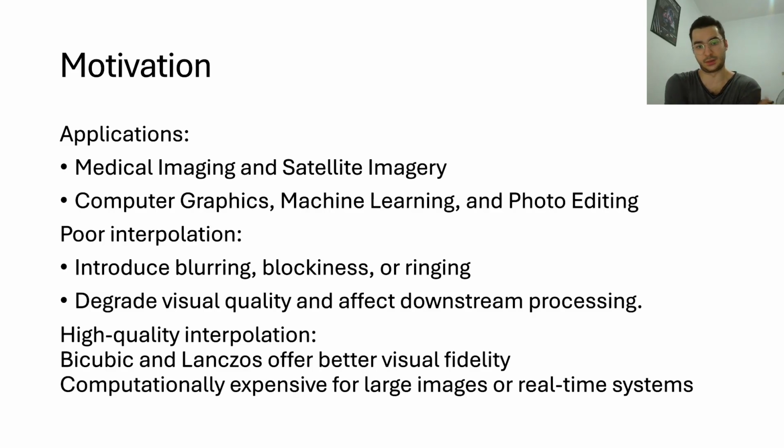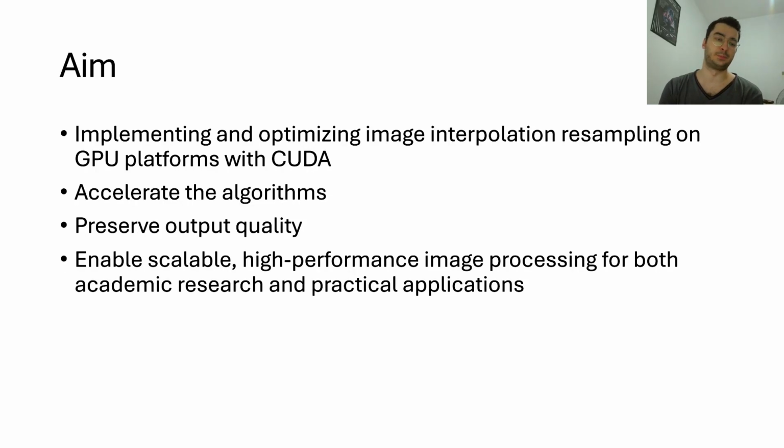So I needed high quality interpolation, and we can achieve this with bicubic or Lanczos interpolation, but these are computationally expensive, especially for large images or real-time systems, which in my case this was a real-time system.